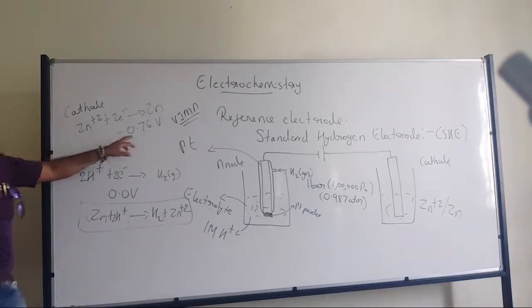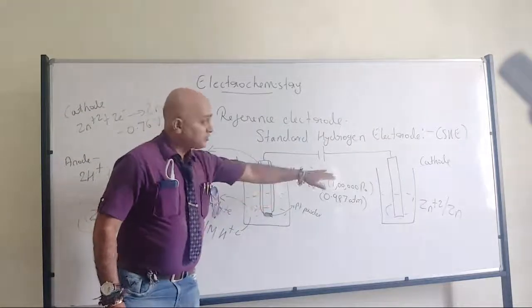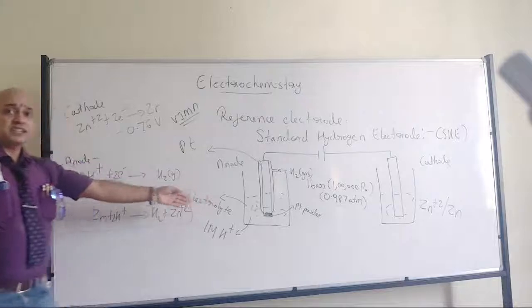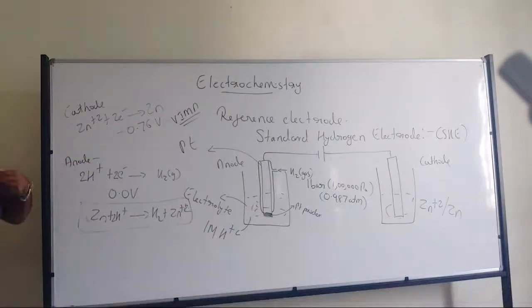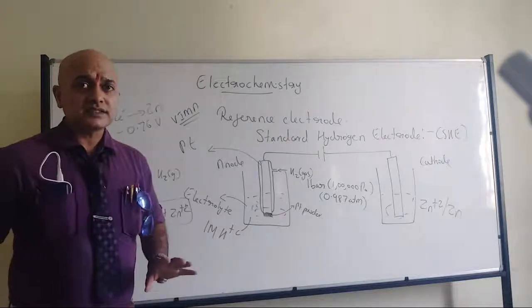Negative value indicates that the electron has started flowing in the reverse direction. That means zinc can donate the electron to H plus, but copper will not donate the electrons to H plus. Have all of you understood? Any doubts? You can ask.